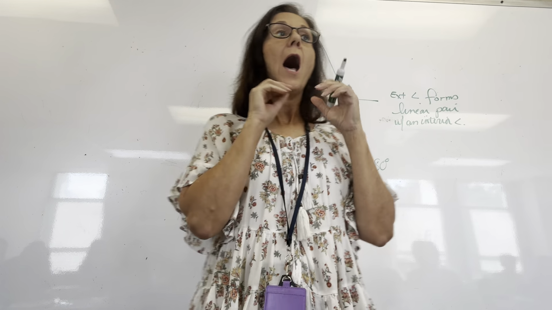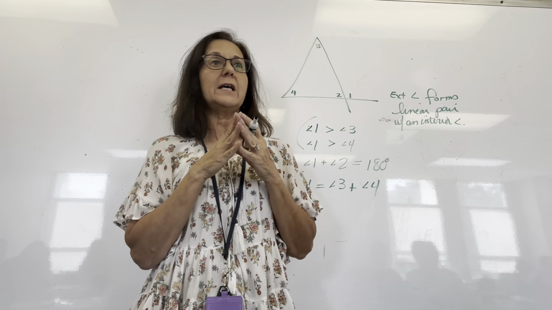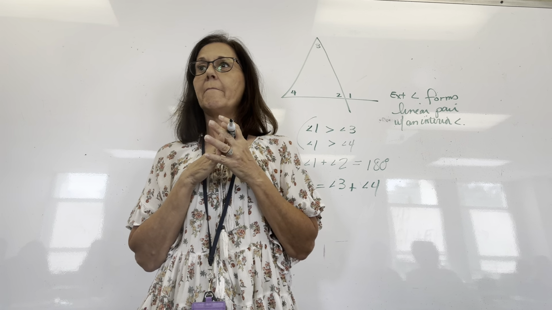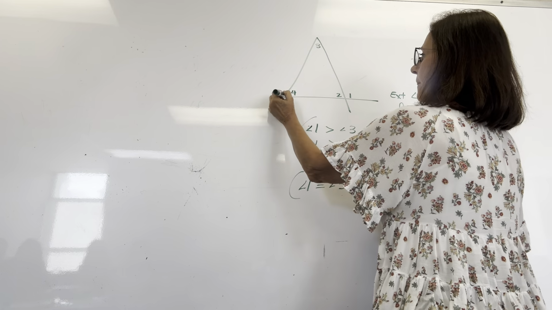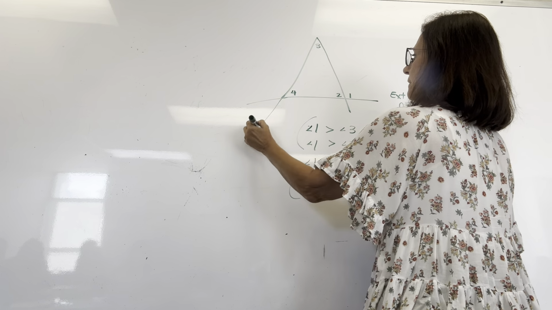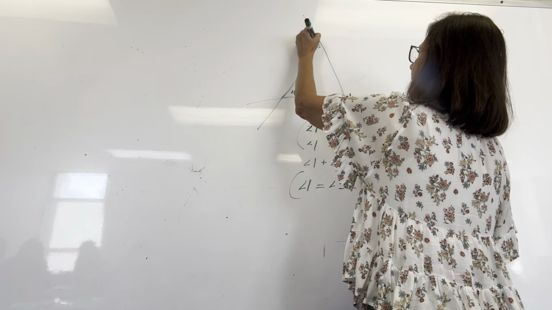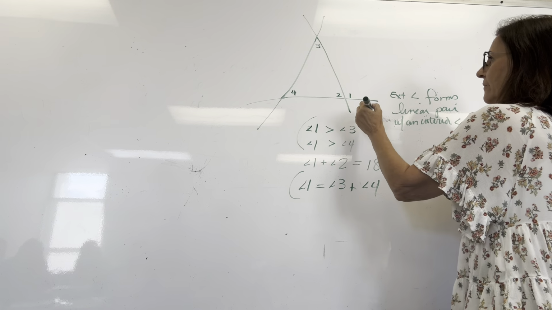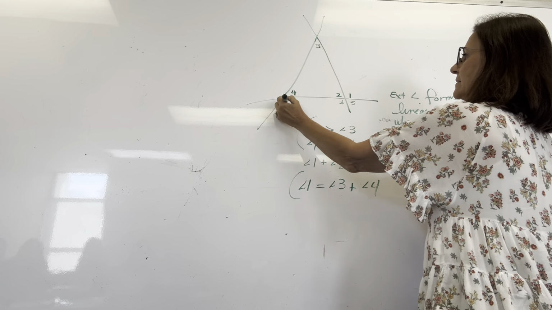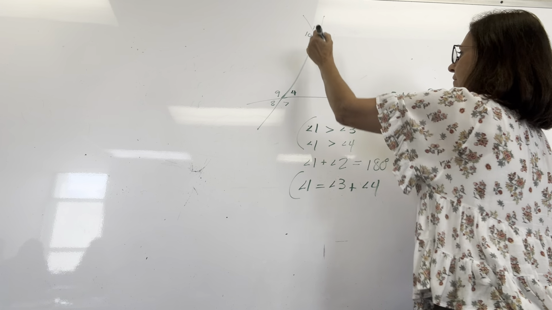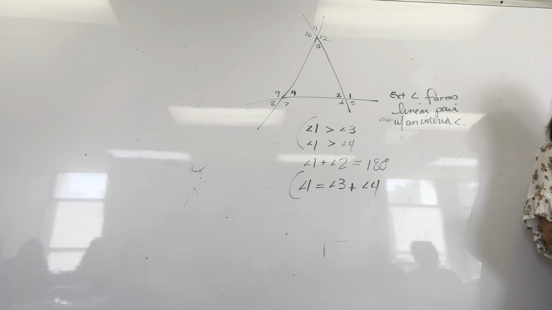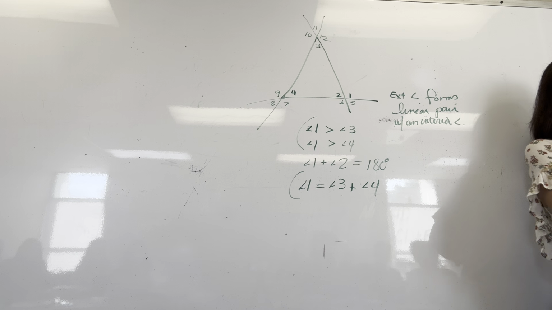There are lots of images on your test where you have to solve for the measures of angles. Let's just label. All right, what are the interior angles? List all the interior angles.